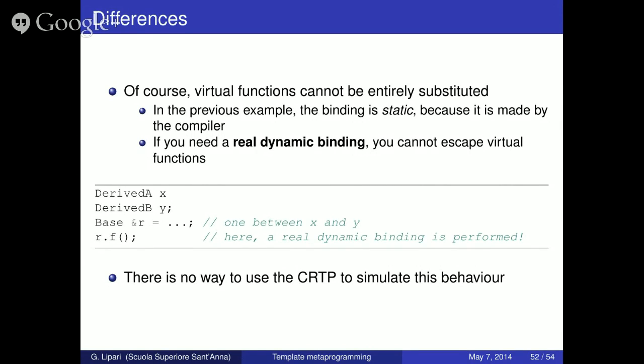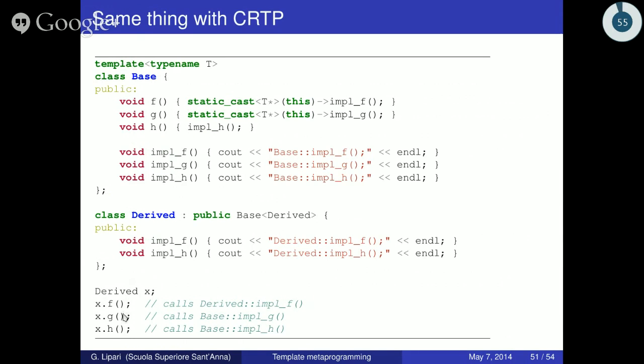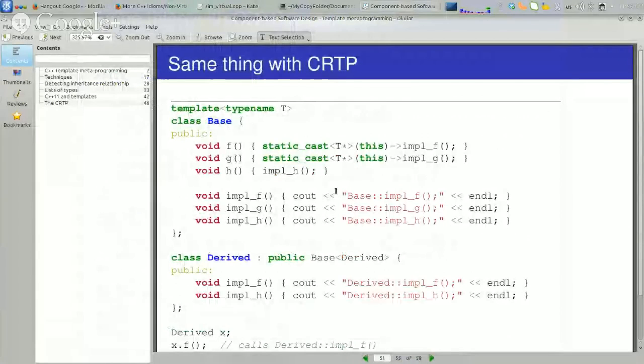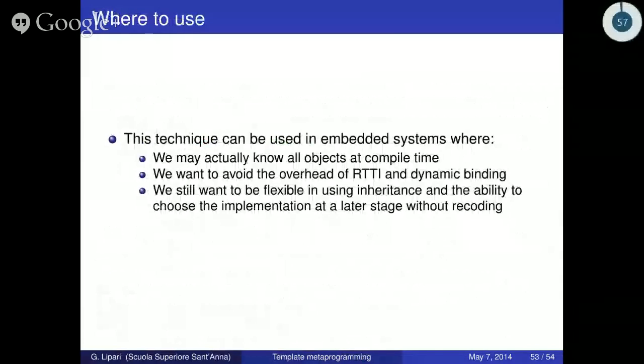So you can use the curiously recurring template pattern only when you have a structure like this, Derived, which derives from Base, and the object Derived, you access by using static functions that internally redirect towards virtual functions. This thing, so you cannot use this.